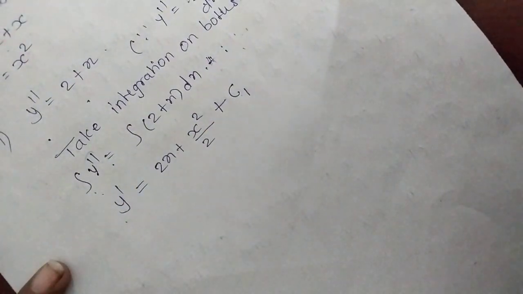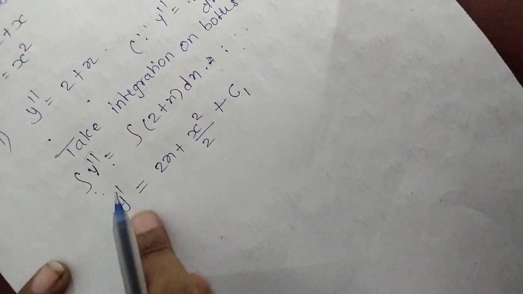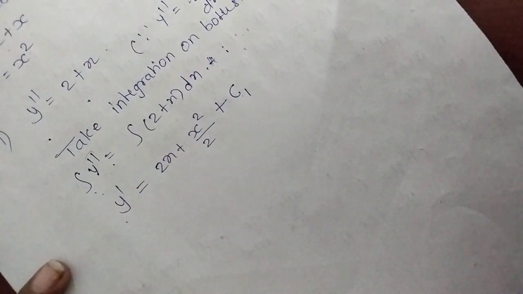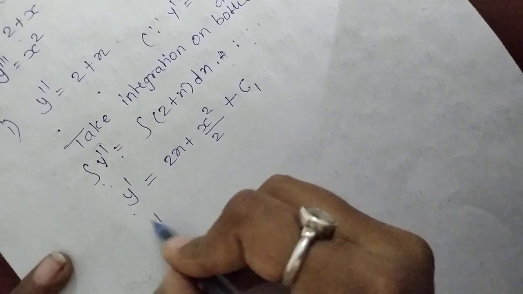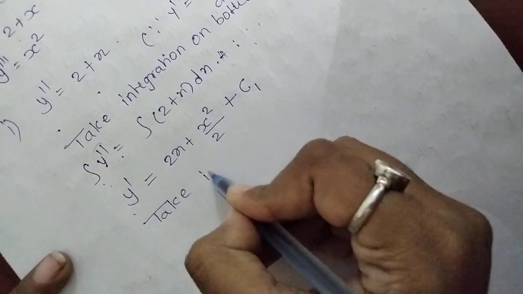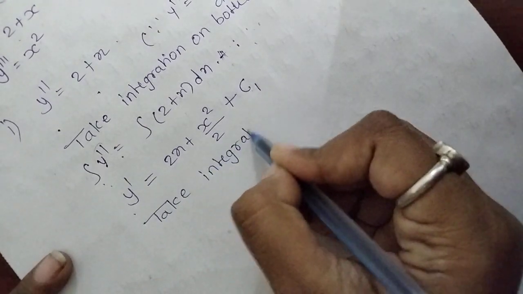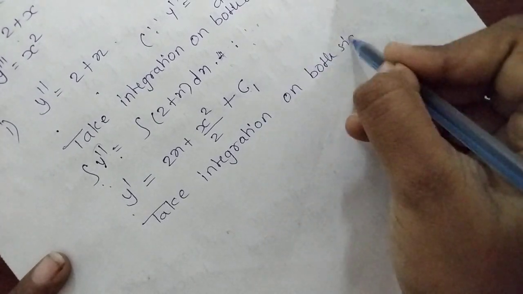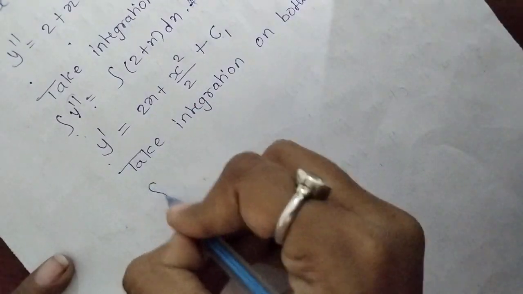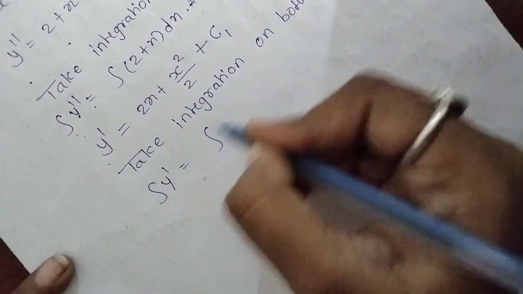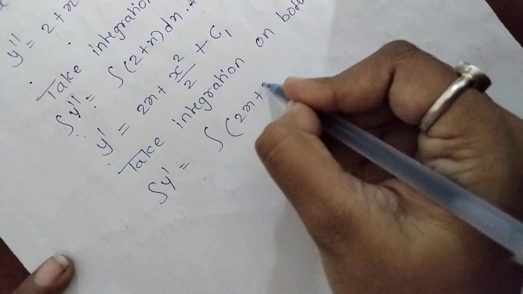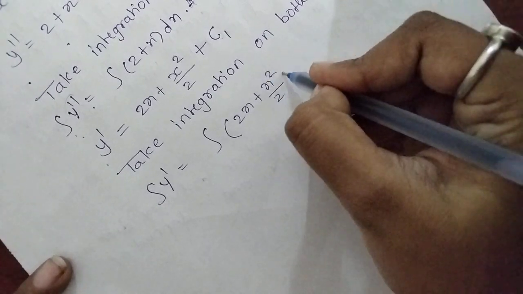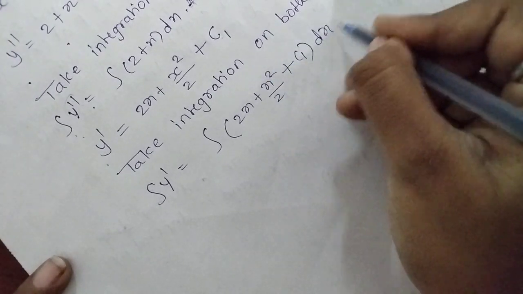Again we can take integration because this equation contains one derivative term, that's why take integration again on both sides. We get integration of y dash is equal to integration of 2x plus x square upon 2 plus c1 into dx.